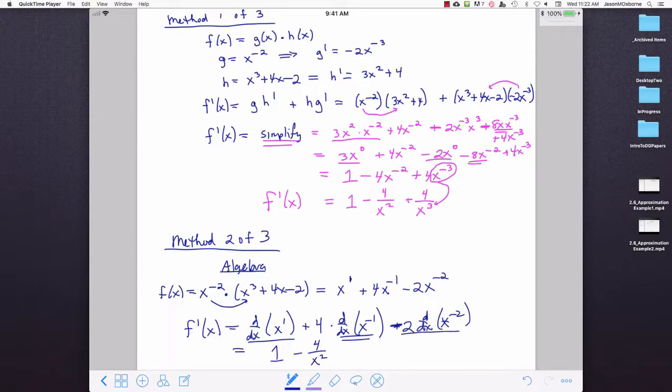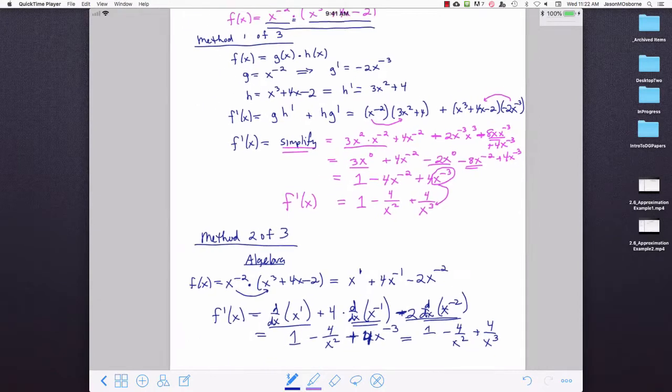The derivative of x to the negative 2 is negative 2x to the negative 3 with 4 in front. There we go. Negative 2 times negative 2 is positive 4x to the negative 3, and you get the same answer as we got from the first method.